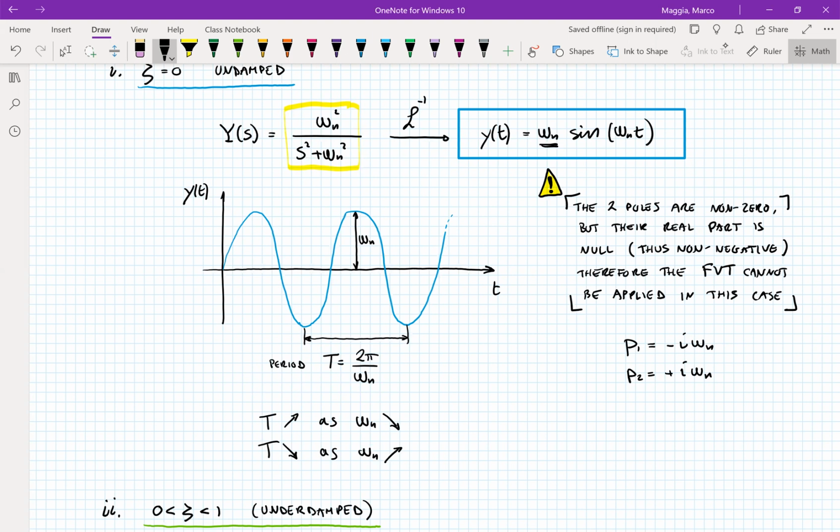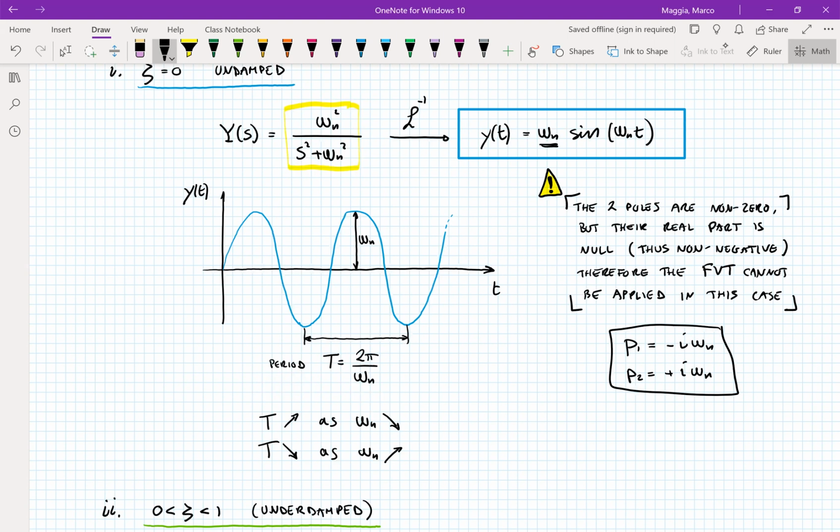Now, another question that we might ask ourselves is, can we apply the final value theorem in this case? Well, the poles of the function are plus or minus i omega n. So the real part is equal to 0. It's not negative.